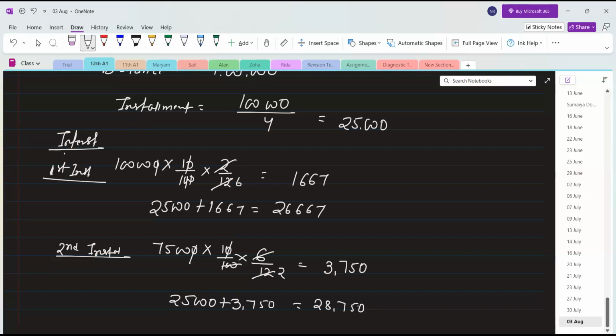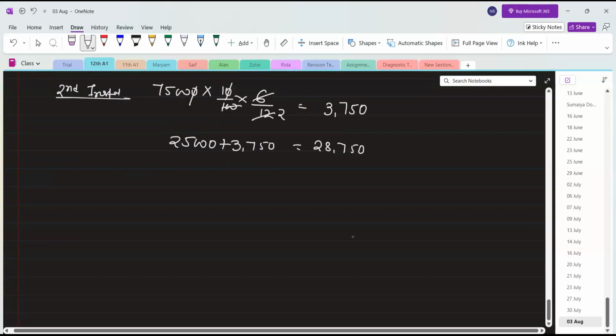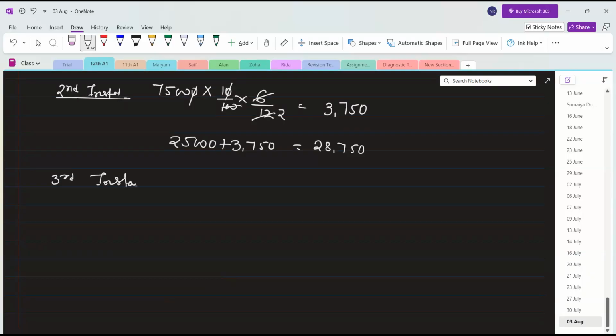In the third installment, it will be 50,000 into 10 by 100 into 6 by 12, so 2,500.